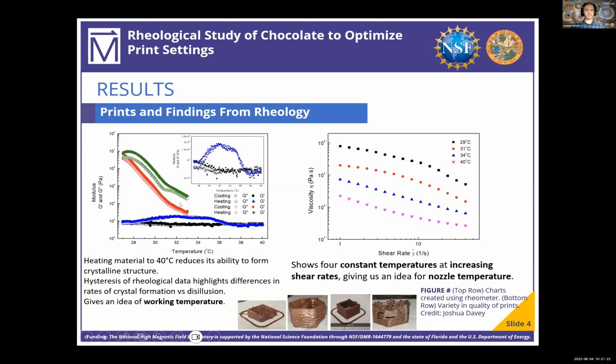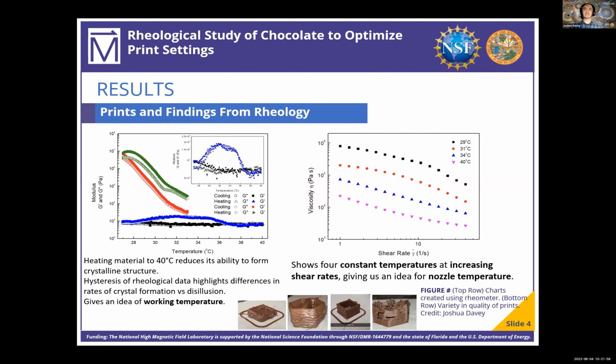And so on this chart on the left, we see two tests. One where we took the material from 27 degrees to 33, and one from 27 to 40. Now, you can see very clearly that the complex modulus for the 27 to 33 test is way, way higher than the 40. This tells us that once it's reached that 40-degree temperature, the polymorphic ability of the cocoa butter to form a stable crystalline structure has broken down.